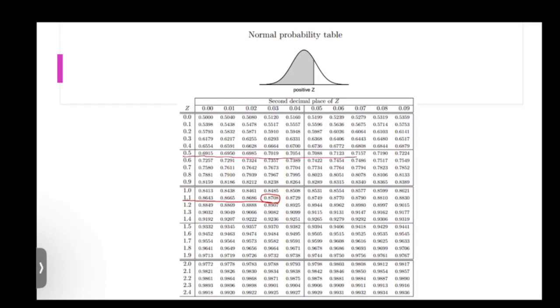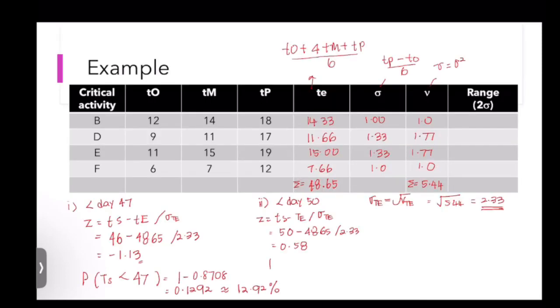0.58, okay, 0.58, 0.7190. So the probability project could finish at the end of day 50 is 0.7190, which is equivalent to 70.90%.